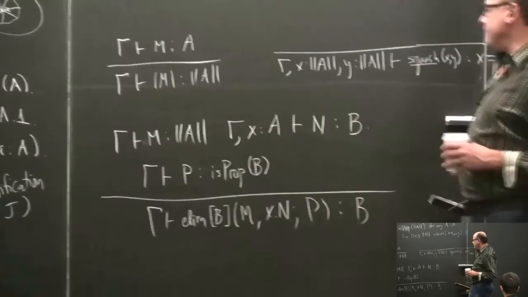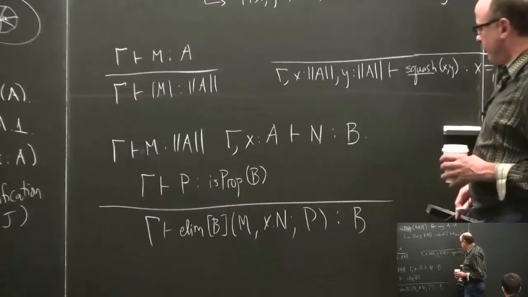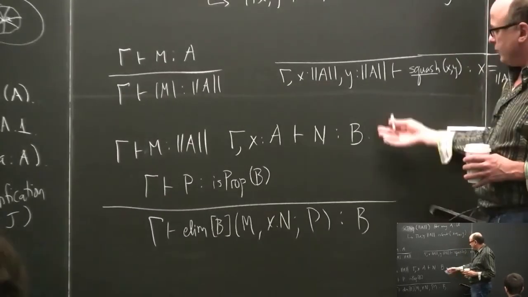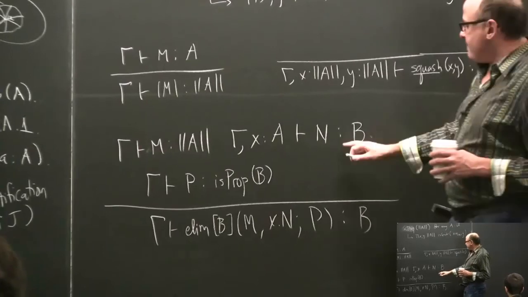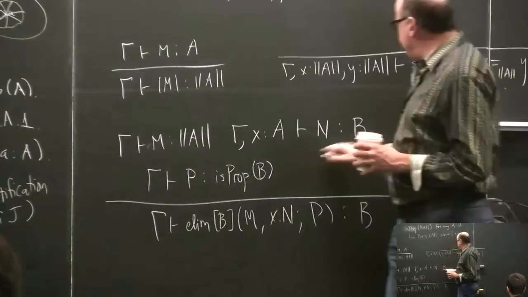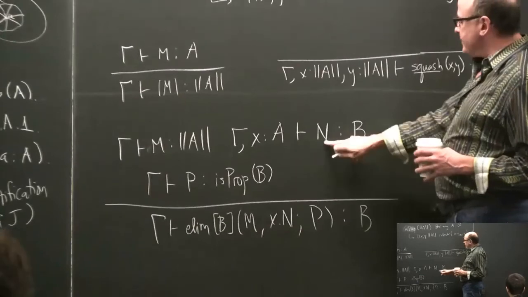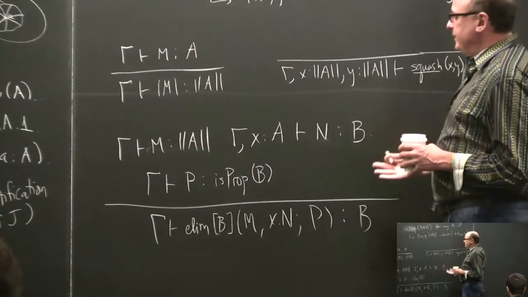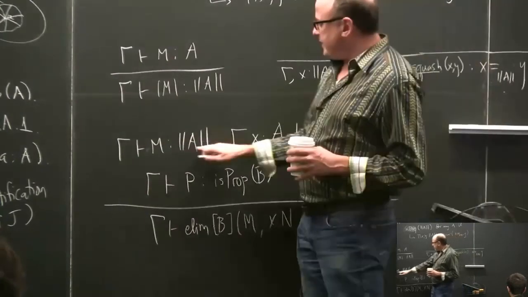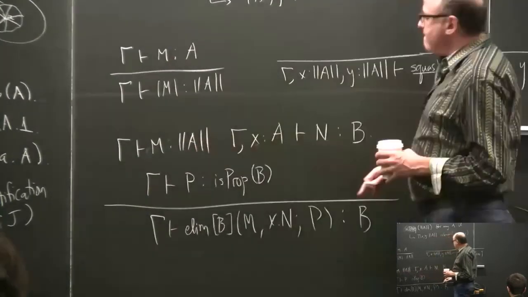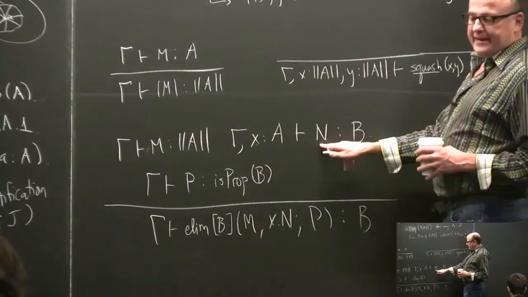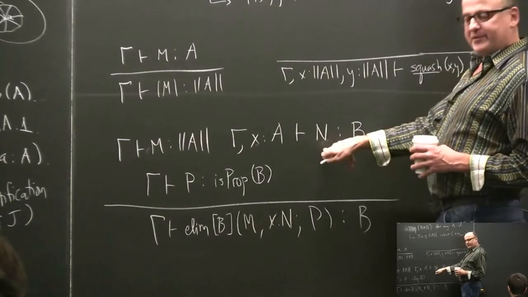So the intuition we developed last time, which I think everyone understands now, is that by demanding that B be a proposition, I'm ensuring that N's outcome cannot possibly depend on which representative I chose to witness the inhabitation of A, because there's only at most one thing in B, and N is one thing, and any other thing will be equal to that thing.